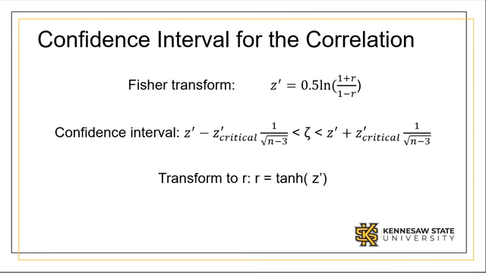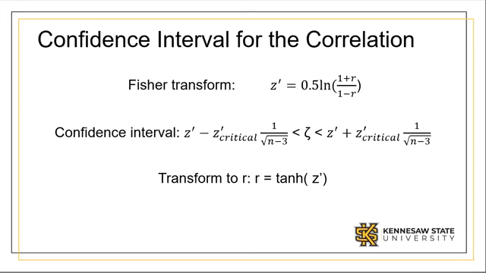The process for finding the confidence interval of a population correlation, ρ, requires a Fisher transformation. Because correlation does not follow the bell-shaped normal distribution, we need this transformation. Correlation is in fact negatively skewed. First, we convert the sample correlation to Z prime using the Fisher transformation noted here.